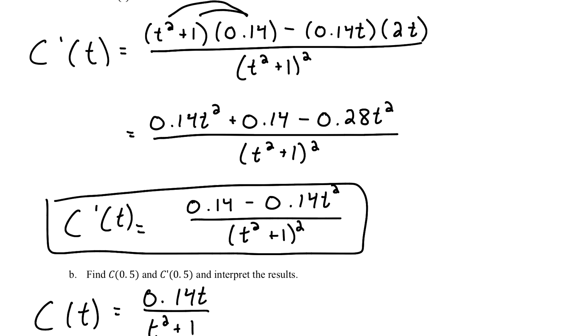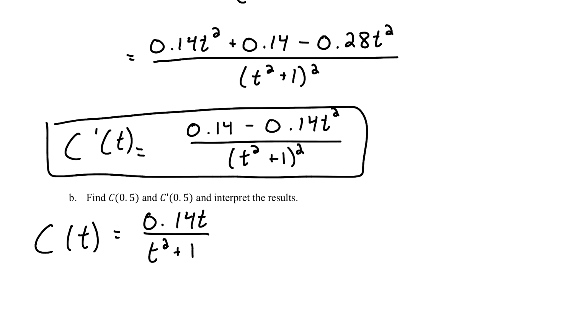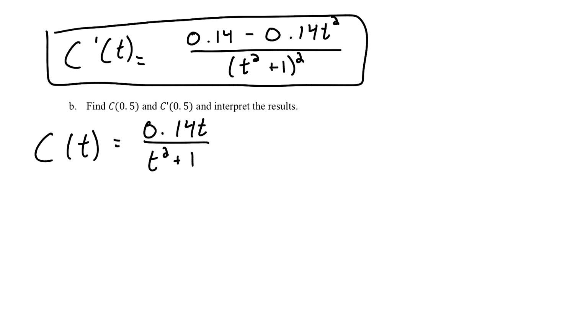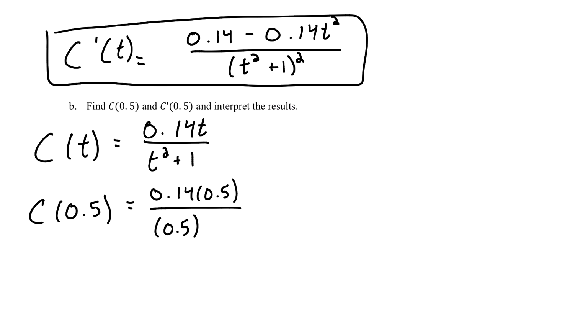Let me just double check I got that right. Yes, that looks good. So C of 0.5, well, I'm just going to take 0.5 and plug it into my function here. C of 0.5 equals 0.14 times 0.5, all divided by 0.5 squared plus 1.